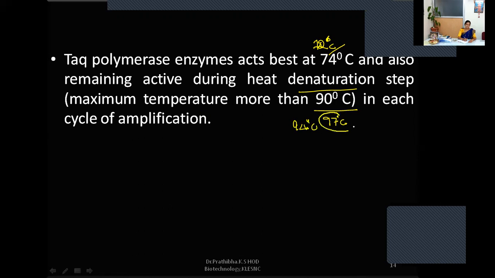Up to this temperature, the Taq DNA polymerase withstands the high temperature in each cycle of amplification. Why in each cycle? As I told you, PCR involves repeated thermal cycles, where the temperature elevates and then decreases, elevates and decreases. At that time also, the Taq DNA polymerase stands up to the higher temperature.